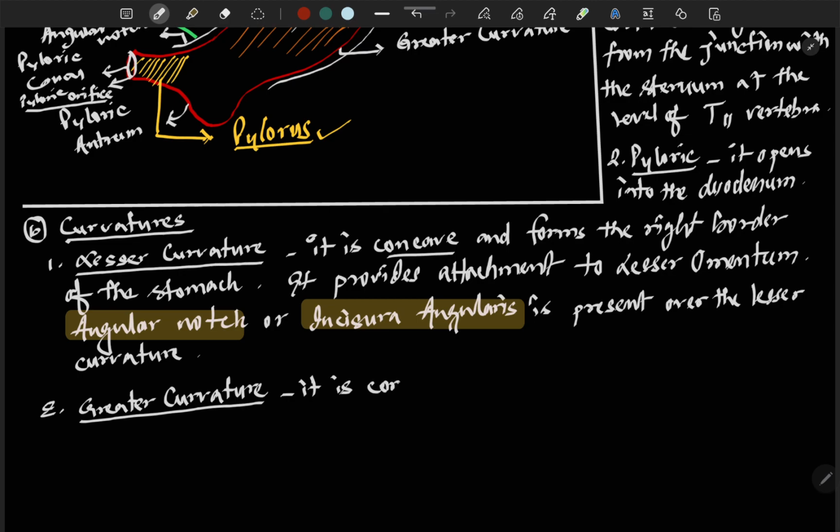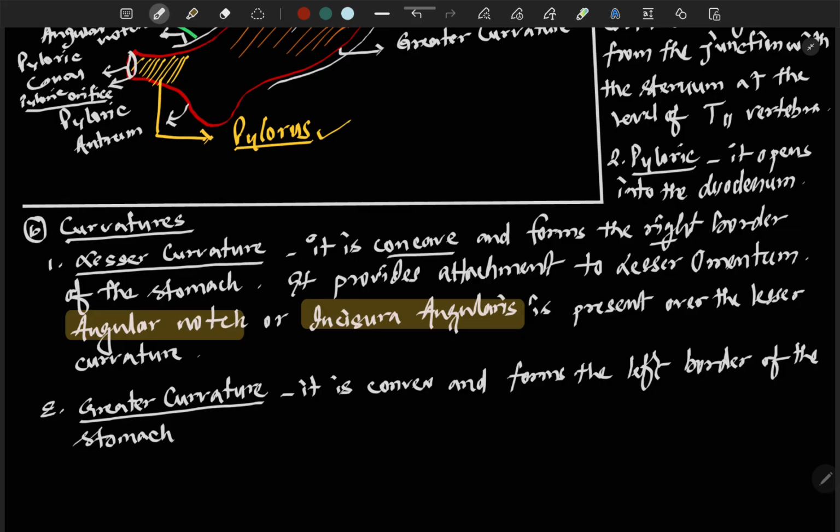The greater curvature is convex and forms the just opposite, left border of the stomach.